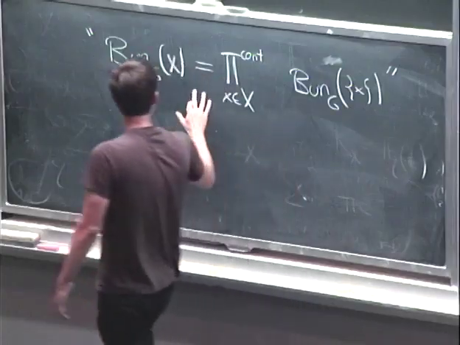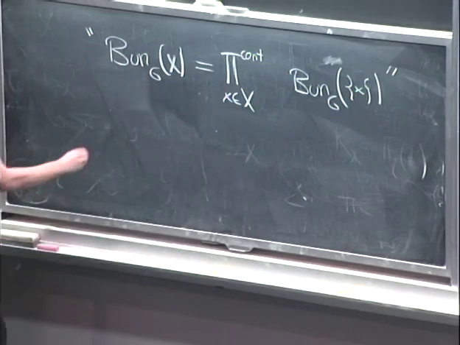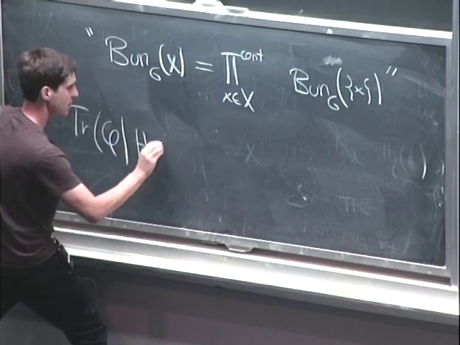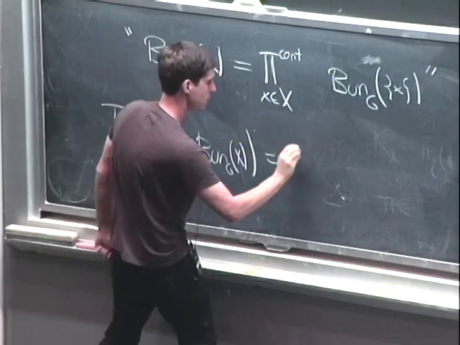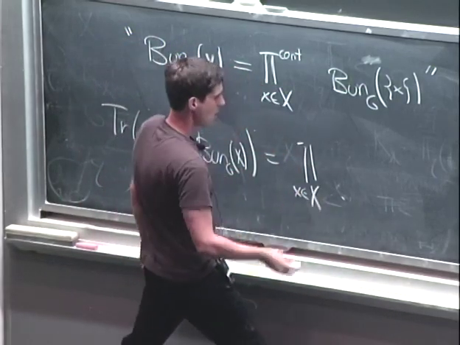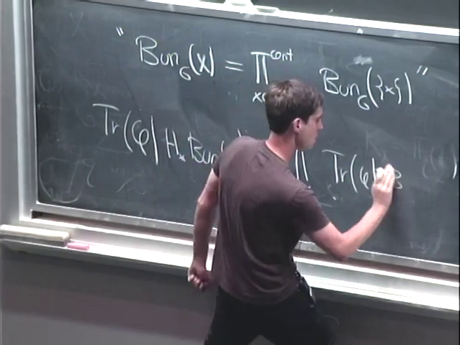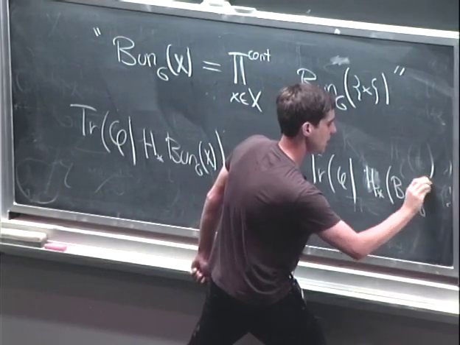So if you imagine that you could do something like that with this thing in quotation marks, it would read that the trace of Frobenius on the homology of Bun GX was something like a product over points of X of the trace of Frobenius on the homology of Bun G of this point.